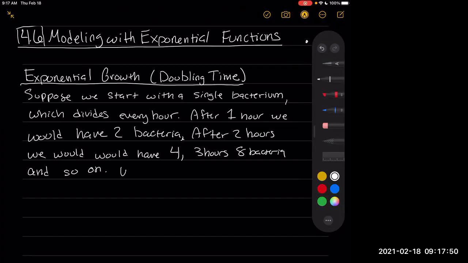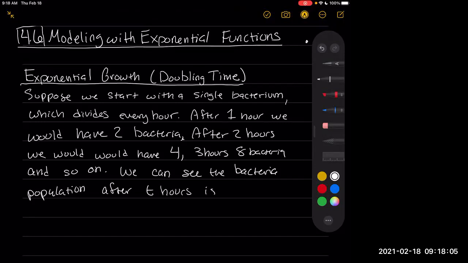So we can see the bacteria population after t hours is modeled by f of t equals 2 raised to the t.